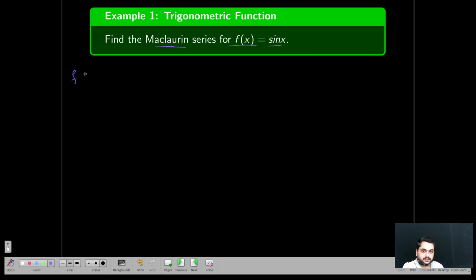So for the sin x function, you have to find the Maclaurin series, that is the Taylor series with a equal to 0. We already know it can be given as f of a plus f dash of a into x divided by 1 factorial plus f double dash of a into x square by 2 factorial and so on.